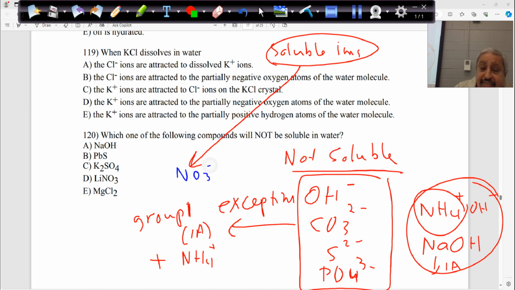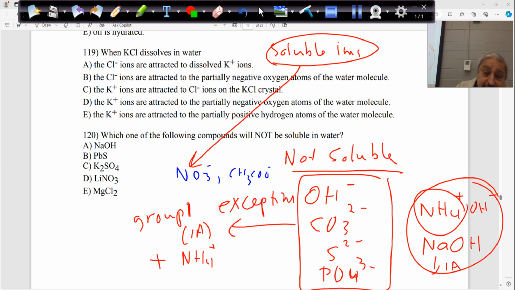All the nitrates are soluble. What else? Acetate. All the acetate, CH3COO minus, are soluble. Regardless of whatever metal ion you put with nitrate, this has to be soluble. With acetate, it has to be soluble.